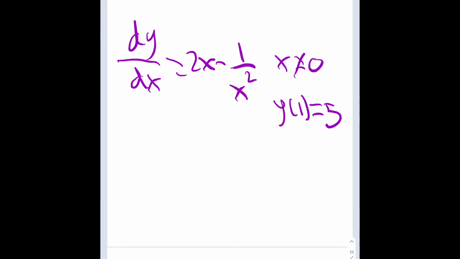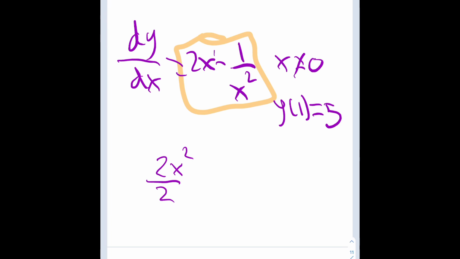So I'm going to say, all right, let's find the general antiderivative of this function. So my antiderivative, again, this has an exponent of 1. So I'm going to increase it and then divide it by 2. So really it's like saying 2x squared over 2. And then again, I'm going to rewrite this as x to the negative 2.